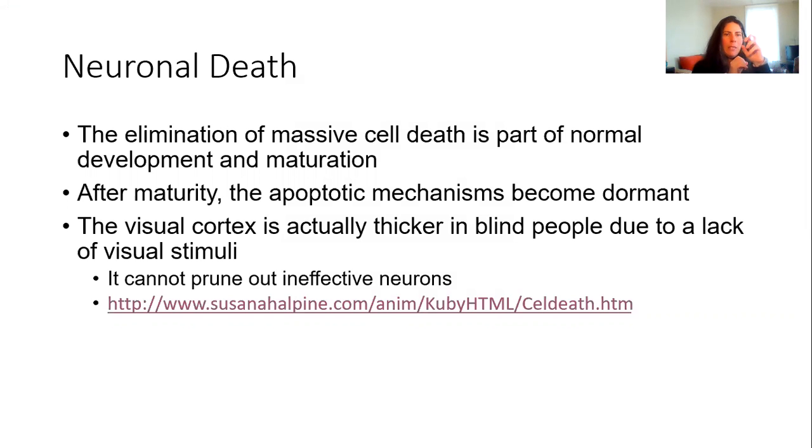They're neatly packaged so that the microglia can clean up the debris. Whereas necrosis, which is cell death due to assault or toxins, is not a neatly packaged cell death. There is debris that is more spread out that the microglia then have to deal with.